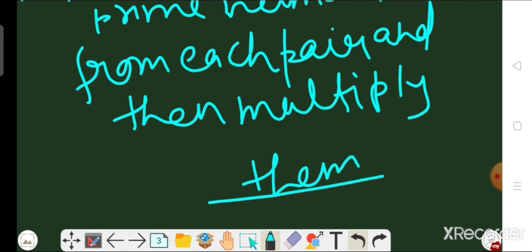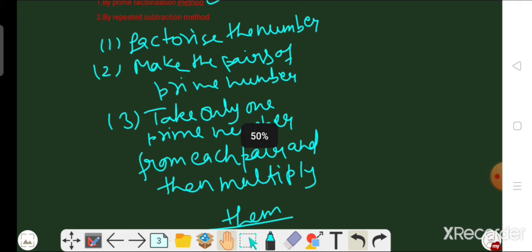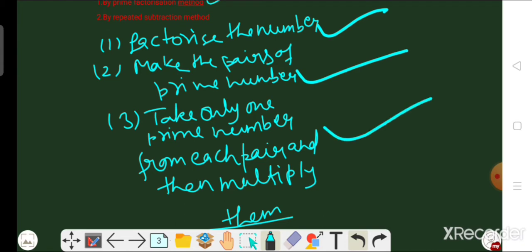We have to follow these three steps to find the square root of a given number by prime factorization method. What are they? First one is factorize the number into prime factors and make the pairs of each prime number, and then take only one member of the pair and then we have to multiply all the numbers.